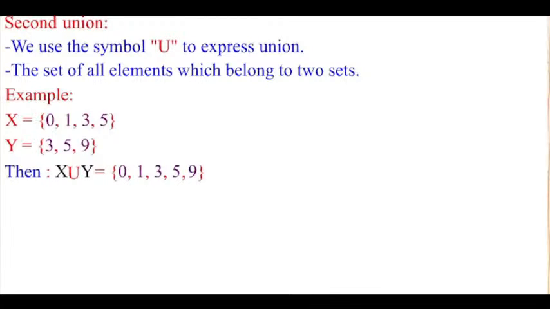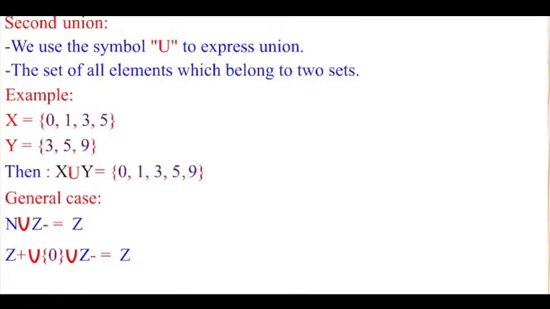Then X union Y equals the set of 0, 1, 3, 5, and 9. General case: N union Z negative equals Z. Z positive union the set of 0 union Z negative equals Z.